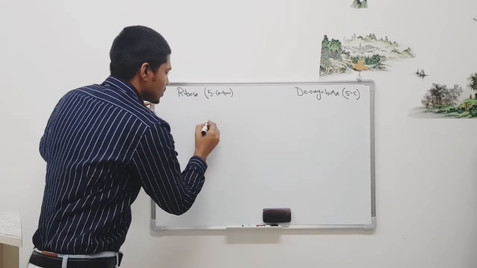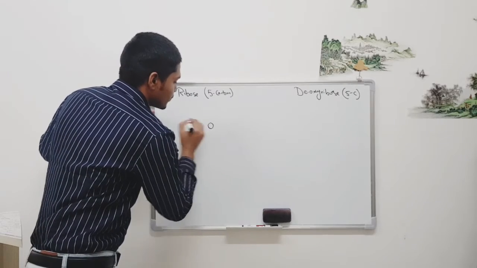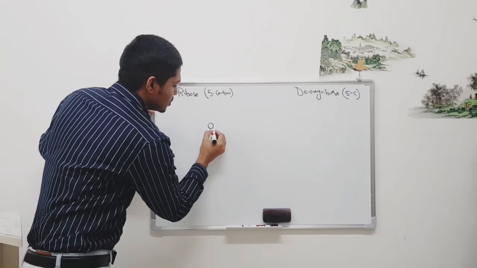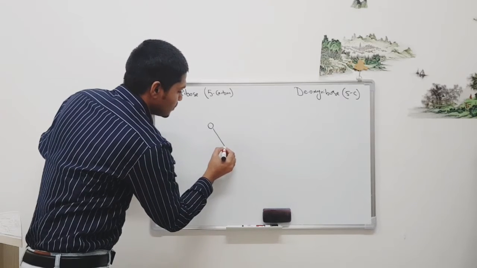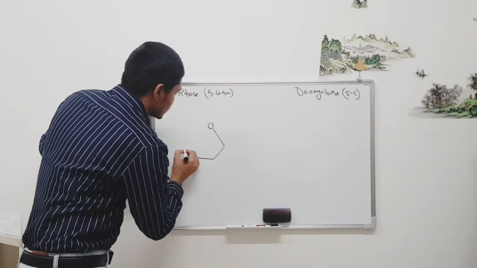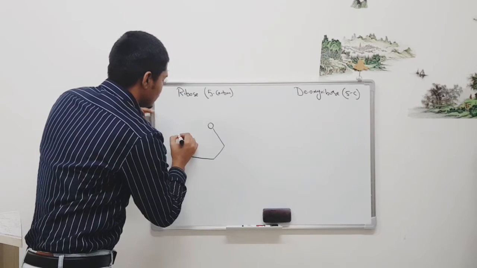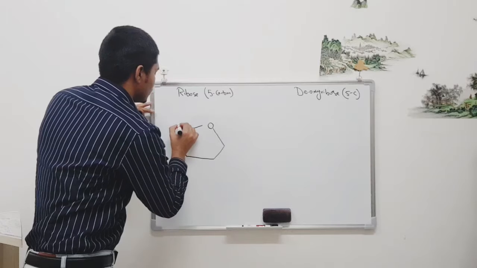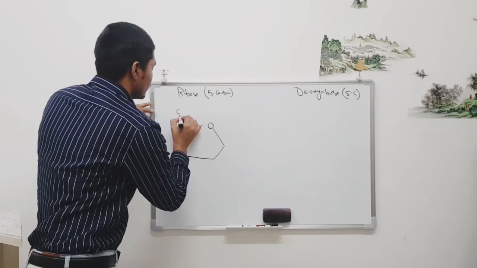Let's draw the structure of the ribose. This is the oxygen molecule, this is carbon number 1, carbon number 2, carbon number 3, carbon number 4, and here is carbon number 5.